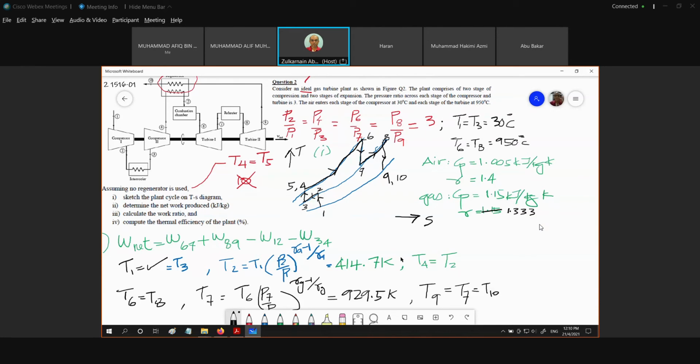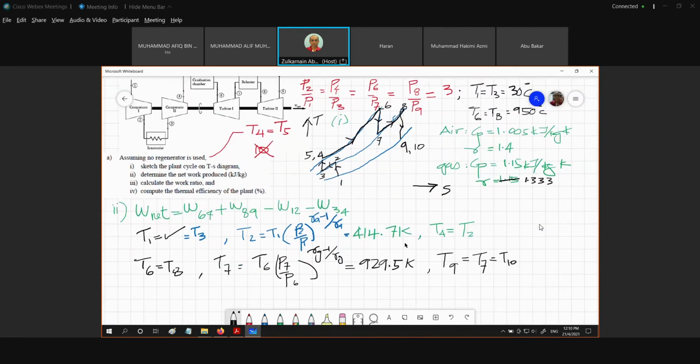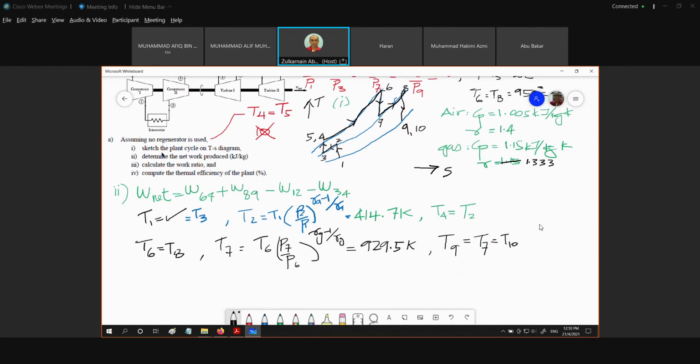So from now, we are getting all the temperatures. Then we try to answer number 3. Whether you want to put it one by one or you want to put all the equations inside one equation is up to you.